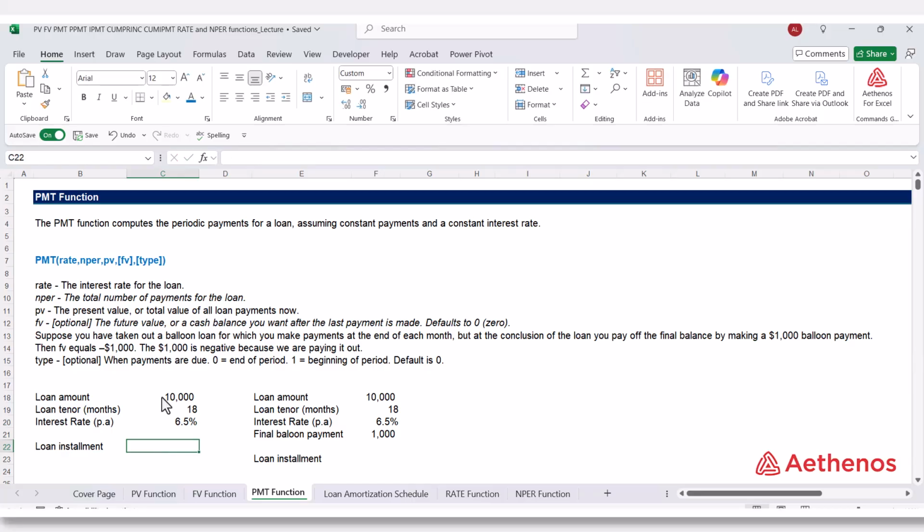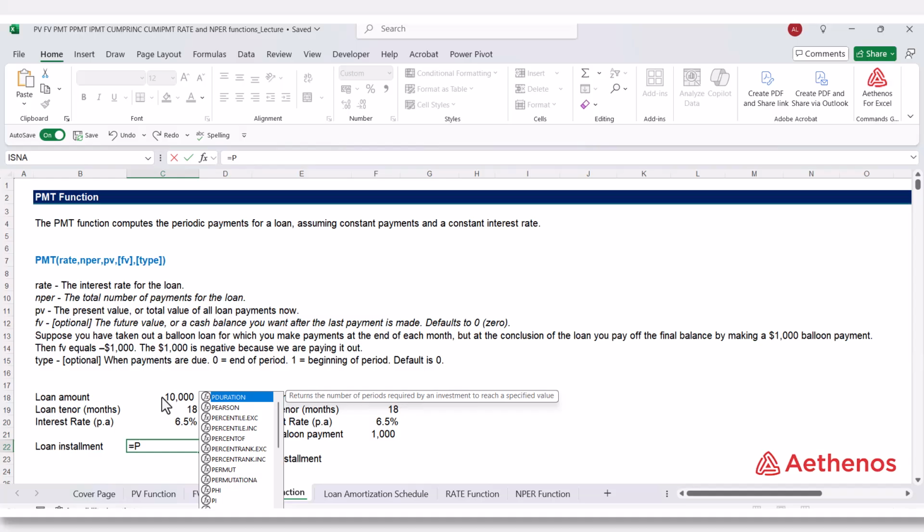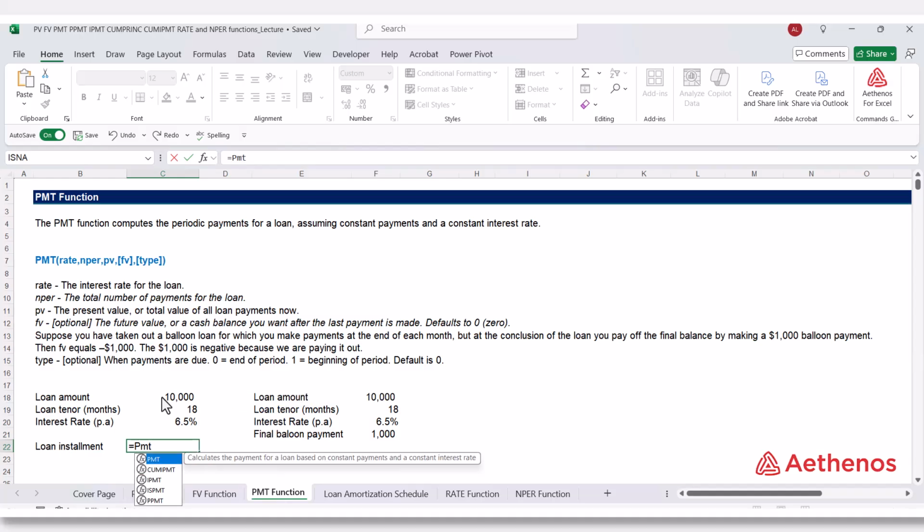So let's type the function equals PMT. The rate is 6.5% per year, so we divide that by 12 to get the monthly rate. And NPER is the number of payments, so we have 18 months.